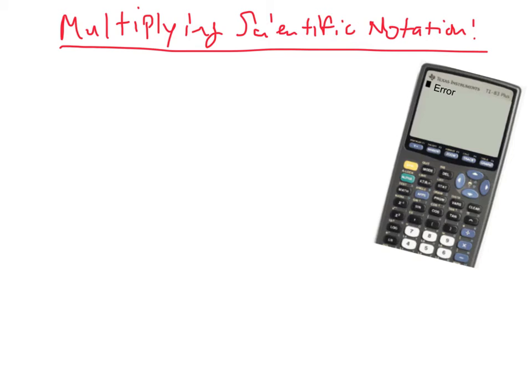So here's how you do that. In order to multiply two numbers that are in scientific notation, you're going to multiply the m part of the number, and then you are going to add the exponents together. And this is just regular old algebra. You've done it before. When two numbers are on the same base, then you can add their exponents.